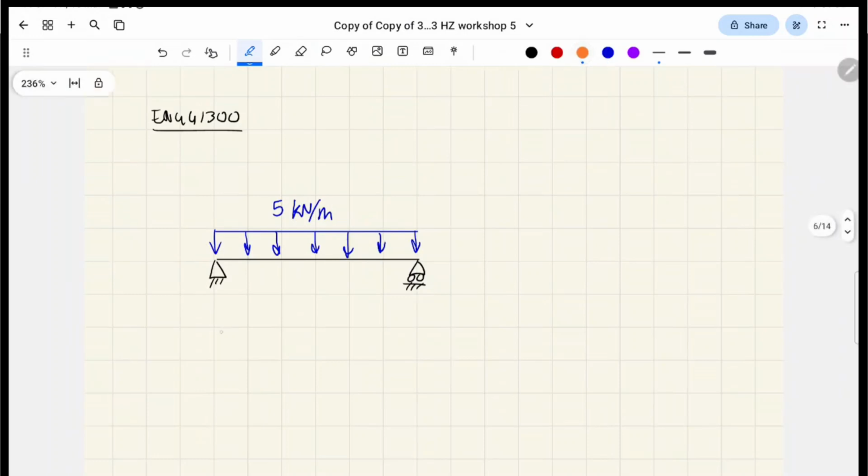And then we have to give this some sort of length, right? So that's 5 meters, right? If you do the reaction force analysis using equations of equilibrium, you find that this is 12.5, this is 12.5. These two reactions will carry the same amount of load.